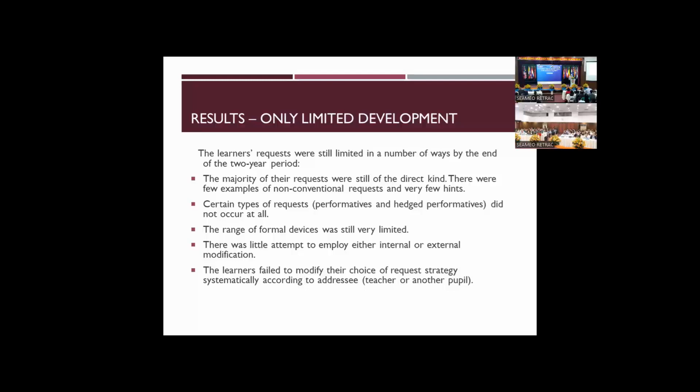The learners failed to modify their choice of request strategy according to addressee. So I looked to see how they were speaking to the teacher and how they were speaking to other students. And I thought, well, you know, maybe they were being a bit more polite to teacher than to other students. Were they? No, they weren't.